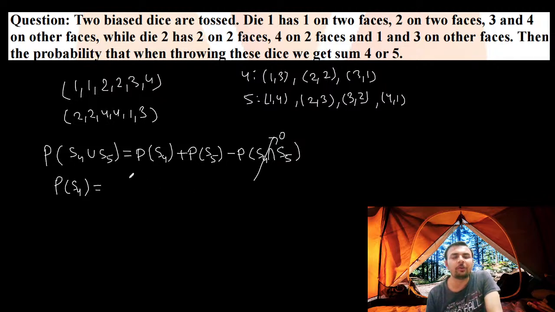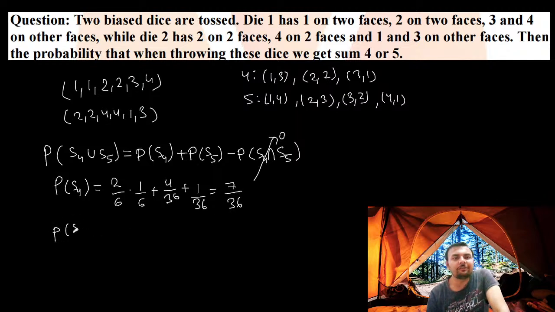For getting 4: if we get 1, the probability is 2 by 6, since the total number of 1's is 2 and we have 6 faces, and choosing 3 from here is 1 by 6, so 2 by 36. Then 2, 2 is 2 by 6 times 2 by 6, 4 by 36, plus 3, 1 is 1 by 6 times 2 by 6, 2 by 36. It is nothing but 7 by 36.